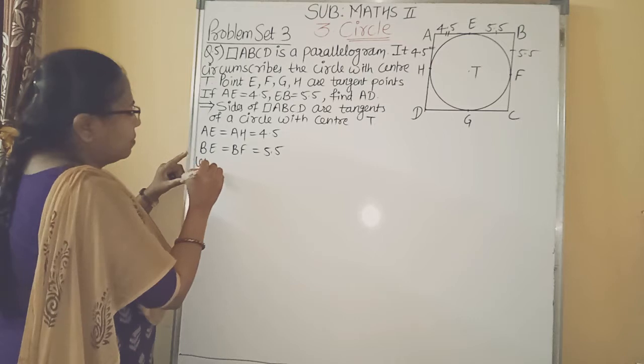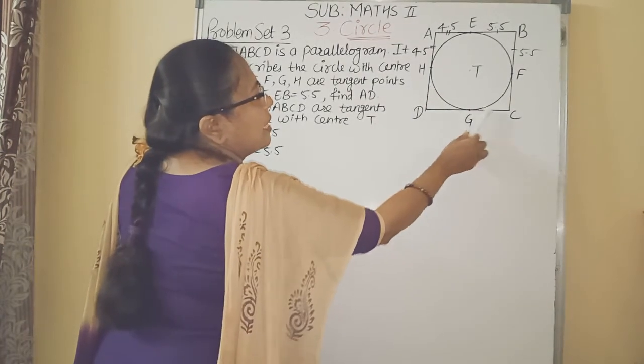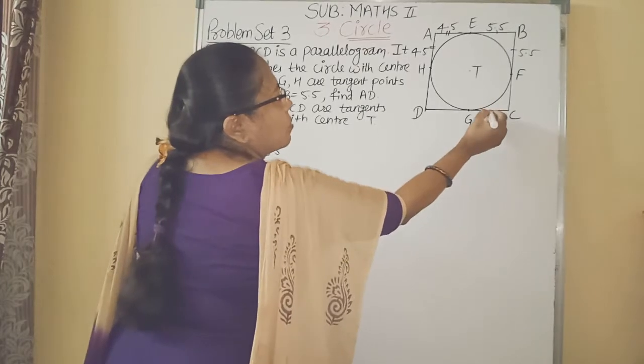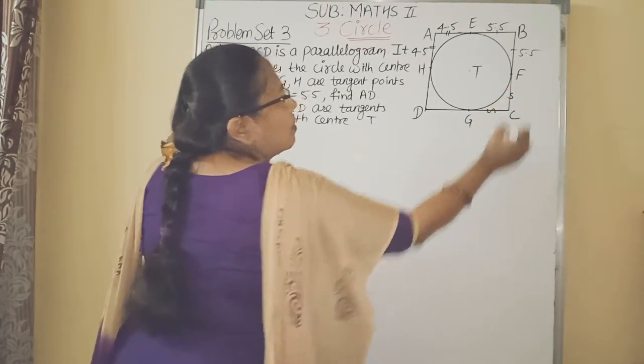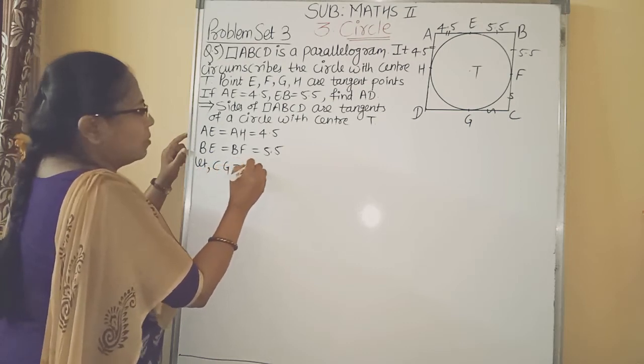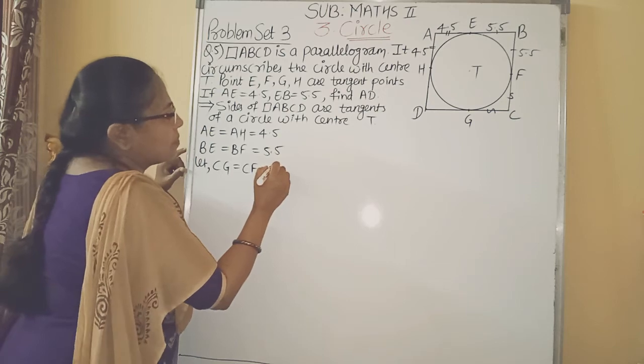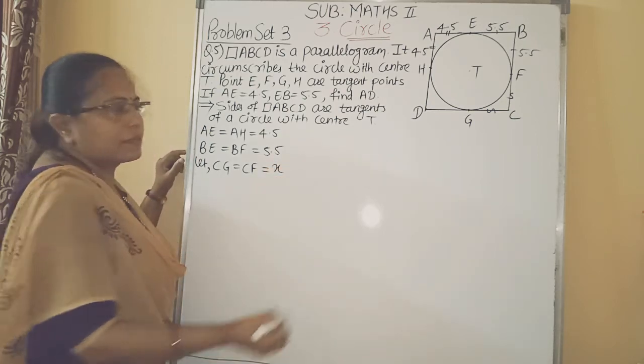Let us see, the next tangent segments are CG and CF. So they are also equal. CG equal to CF. Let me assume its length is x.